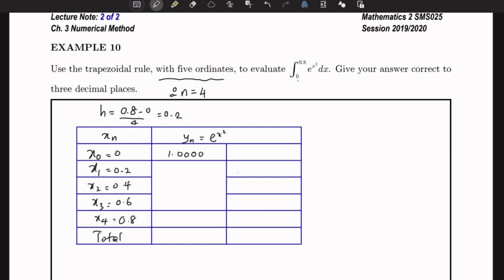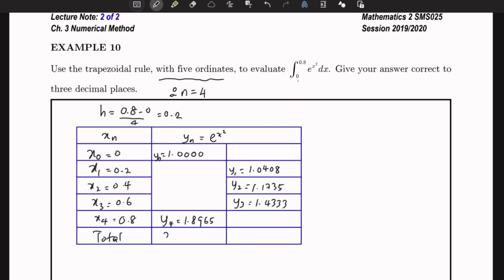So this is y0, this is y1, 1.0408, y2, 1.1735, y3, 1.4333, and then y4 is 1.8965. So you add up.